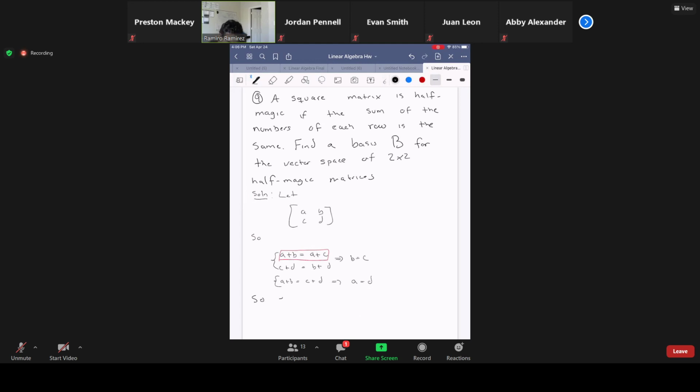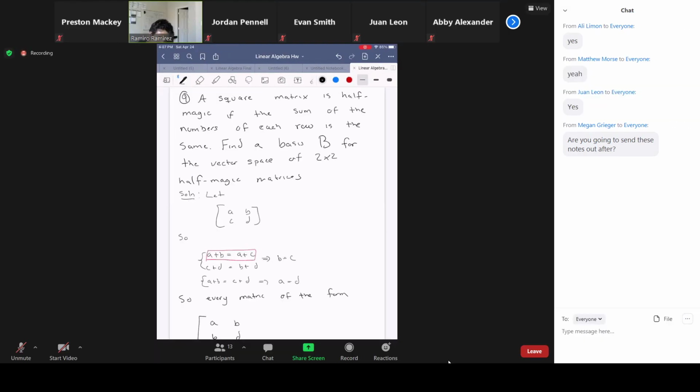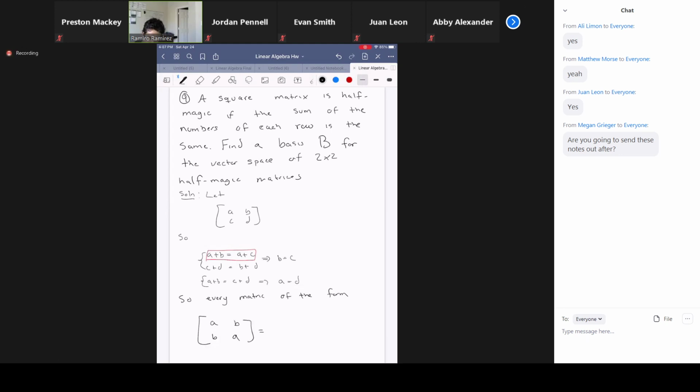So every matrix of the form, since A equals D, we're just going to say A, and since B equals C, it'll be A, B, B, A, like this, right? Let's write it like this: A, 0, 0, A, plus 0, B, B, 0.